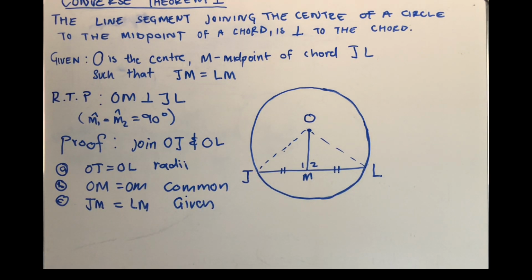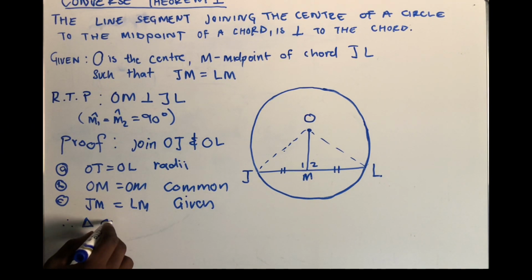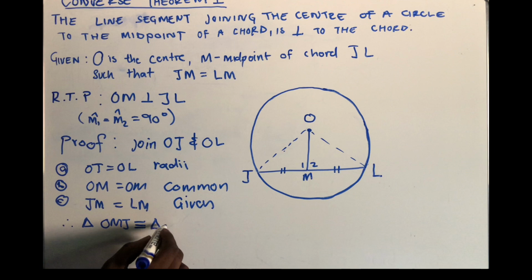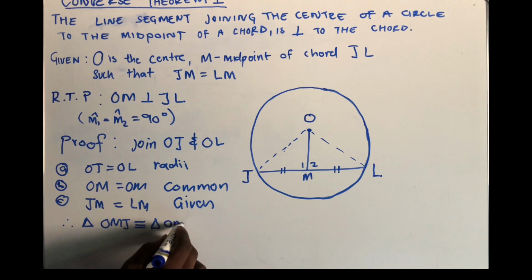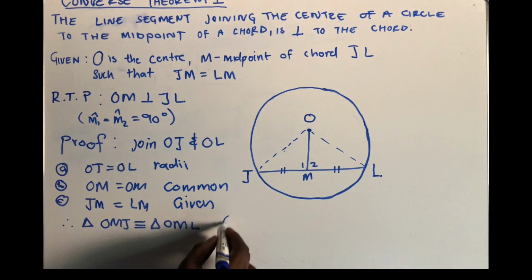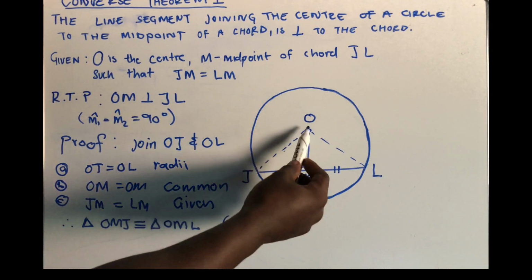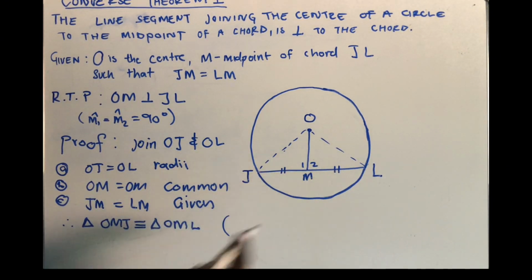And now we can conclude that therefore triangle OMJ is congruent to triangle OML. What's our reason? We've proved a side, the radius, these are sides, and this is a side, and also this one is a side.